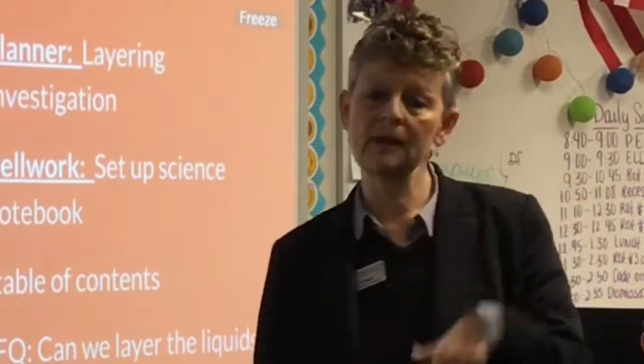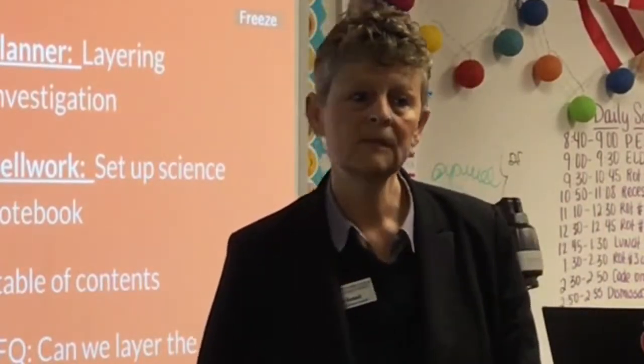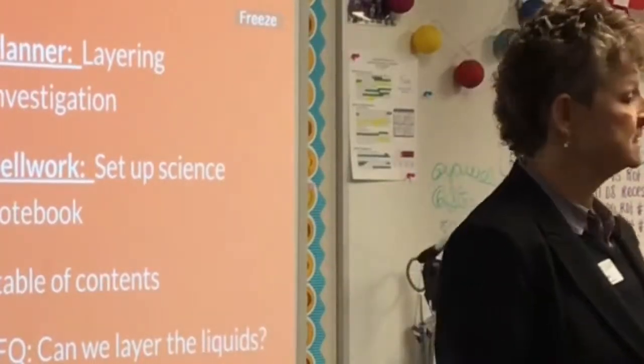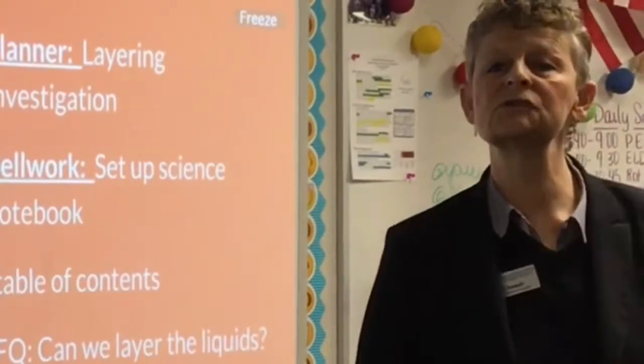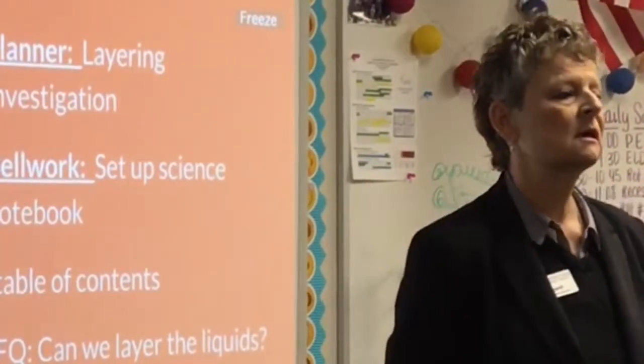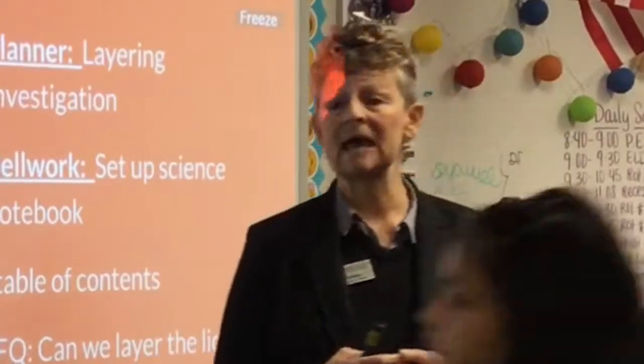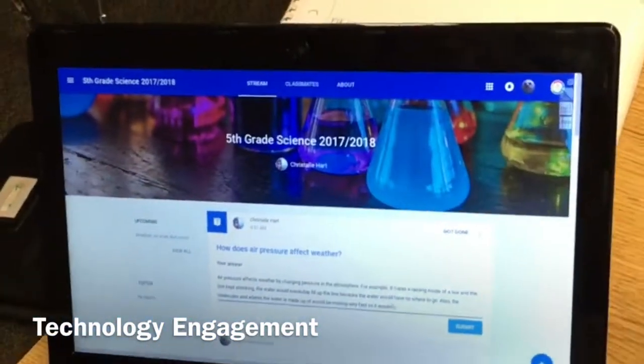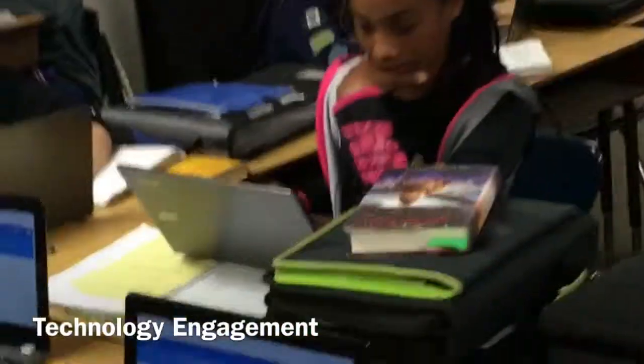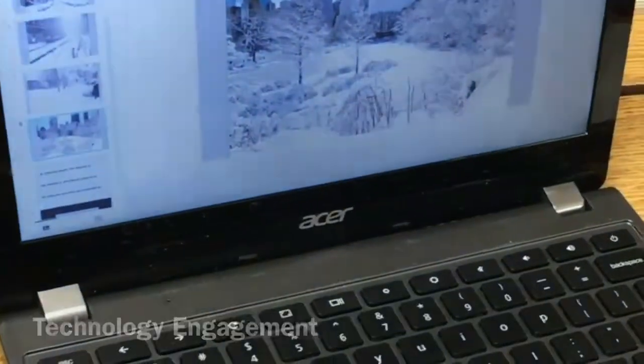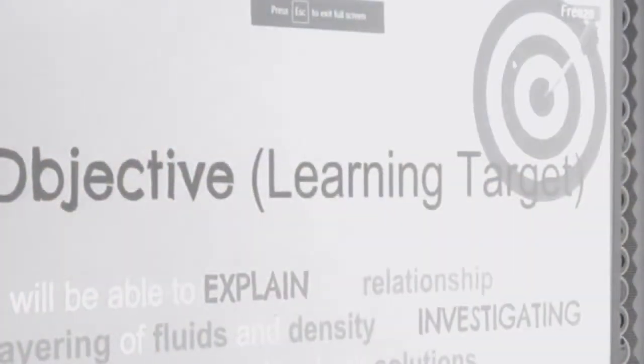I'm going to have you open up your Chromebooks, and you're going to look at the assignment that's there, and it has some pictures of snow and blizzards. And I want you to attend to the task that's there. Okay, so let's take a look at the objective over here.